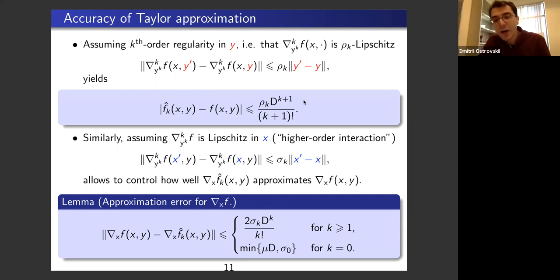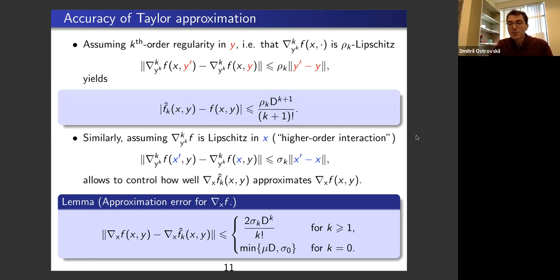I can immediately remark that by integration and Taylor expansion, I can show this guarantee, where I recall f hat k is the Taylor approximation of f in y, of the matching order k. So for any x, y, your Taylor approximation will differ by at most rho d to the power k plus 1 over the factorial from the function value. So this is the function value error of the Taylor approximation.